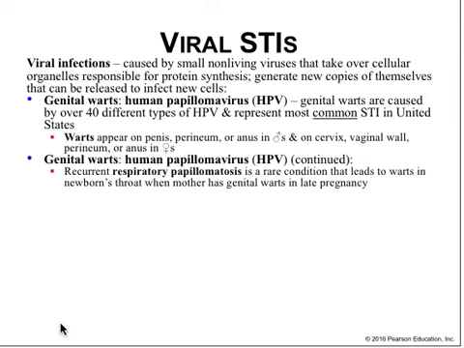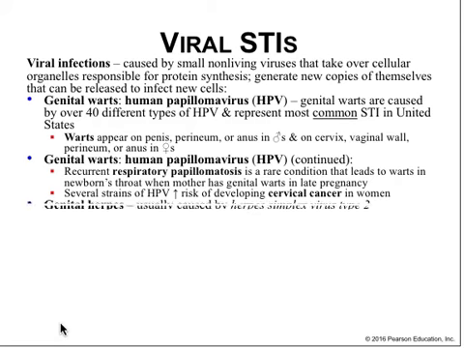Recurrent respiratory papillomatosis is a rare condition that leads to warts in newborns' throats when the mother has genital warts late in pregnancy. Several strains of HPV increase the risk of developing cervical cancer in women.